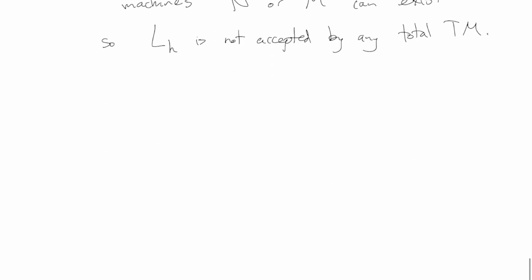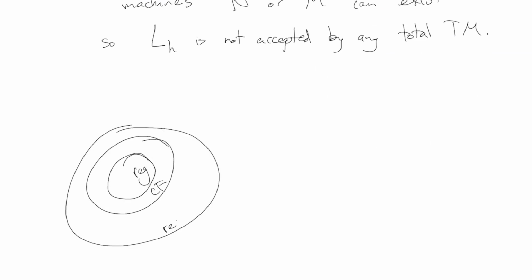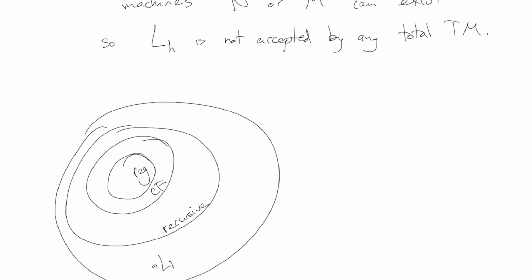So I will write my little diagrams again. I have regular, context-free. Outside of context-free is recursive. You have more or less ordinary-looking languages inside of there. If you want to go outside of there, though, there are other languages. One is this language of the halting problem, and this is RE, but not recursive, right?